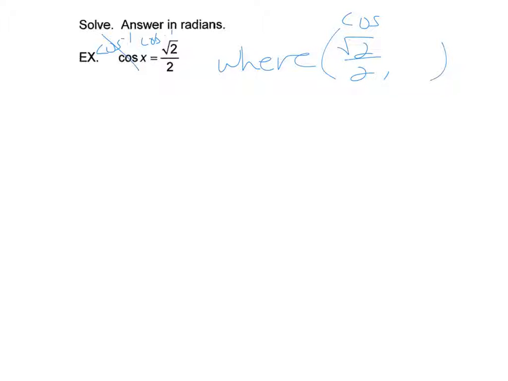And we can look at the entire circle. So there are 2 places that happens. That happens when we are at pi over 4, and it happens again when we are at 7 pi over 4. Those are the 2 places where the cosine is square root of 2 over 2.